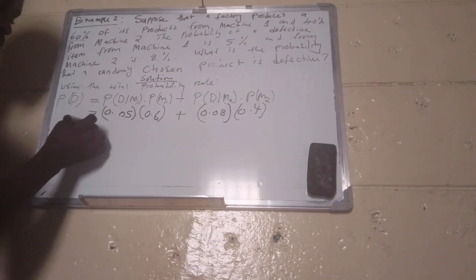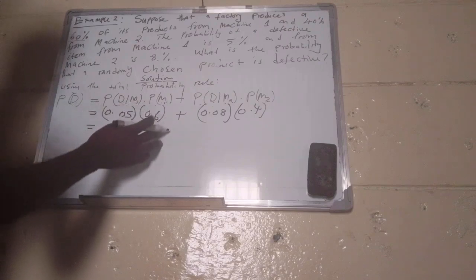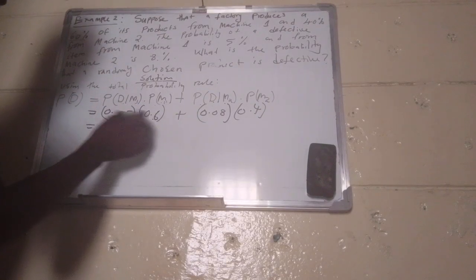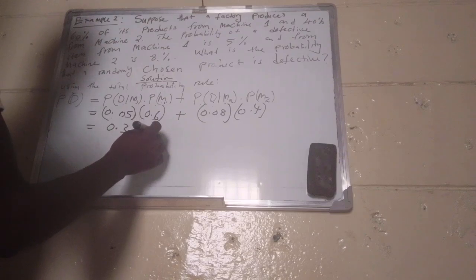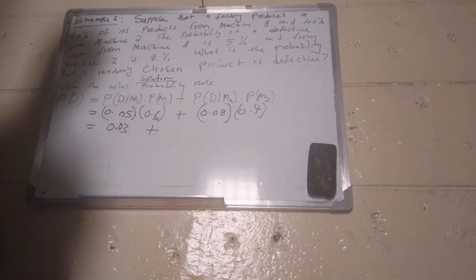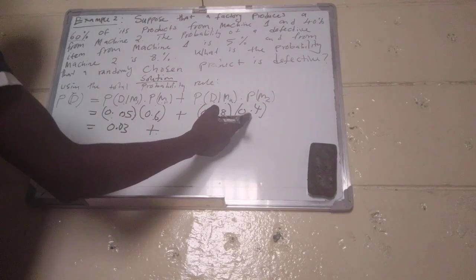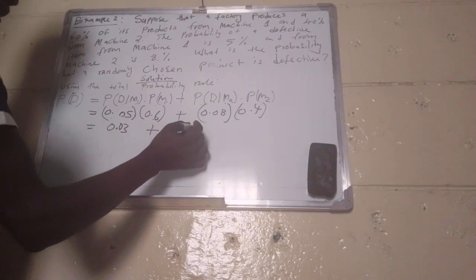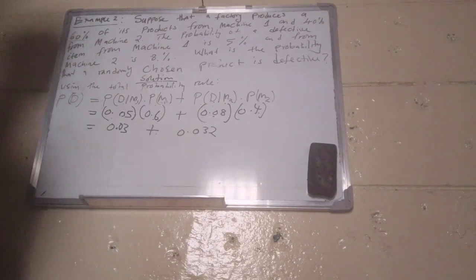So once we do the mathematics, we are going to end up with this times that. That's 0.3, no, this is 0.03. Yeah, you can confirm with your calculators. 0.08 multiplied by 0.4, this should be 8 times 4, that's 32, so 0.032.